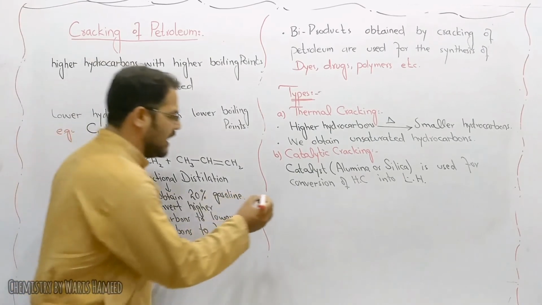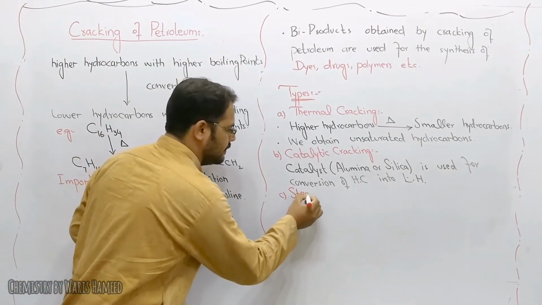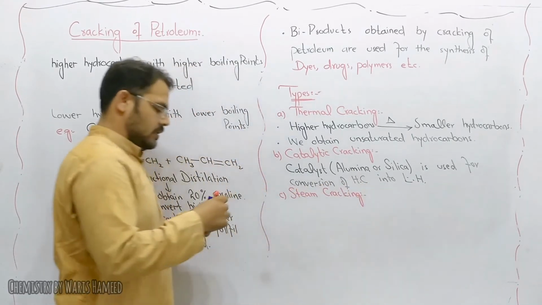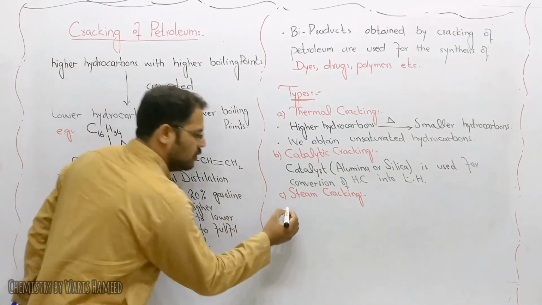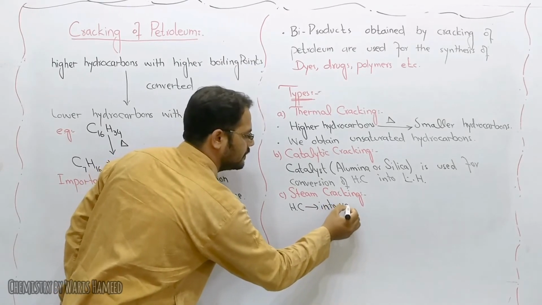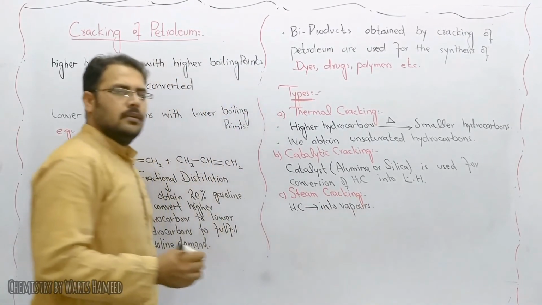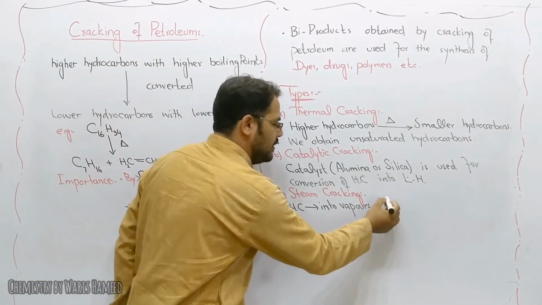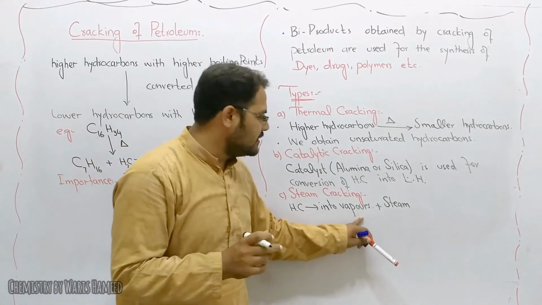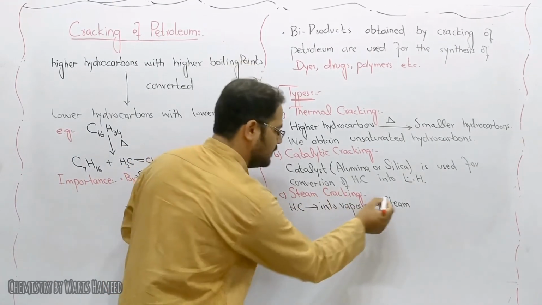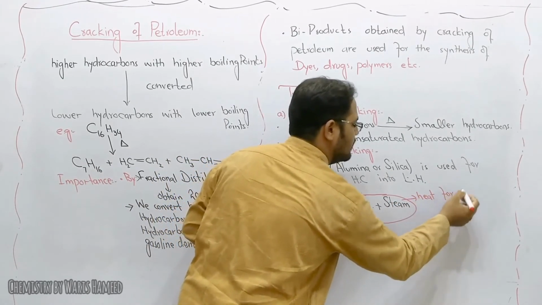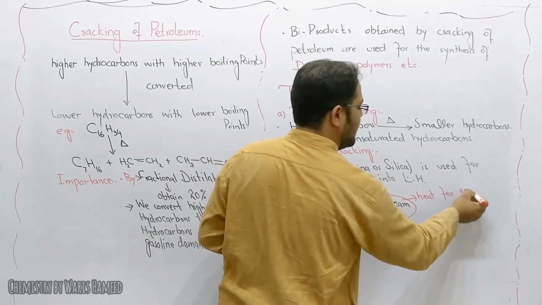And the third type is steam cracking. In this case, we first convert the higher hydrocarbons into vapors, then we mix these vapors with steam and heat them for a small period of time.